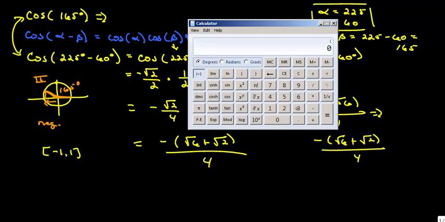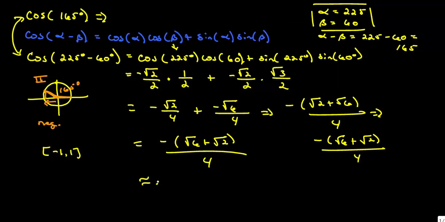We want the square root of 6 plus the square root of 2. Okay, that gives me 3.86, and if I divide that by 4, I get 0.96 roughly. So 0.97 we'll say. So this is approximately equal to 0.97.